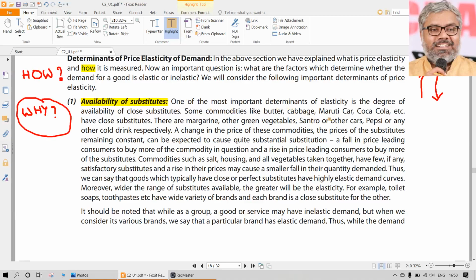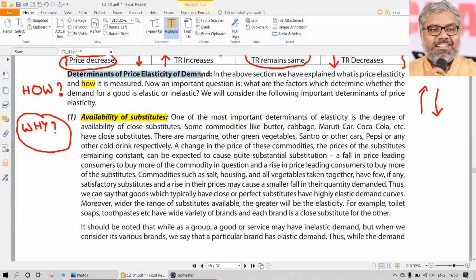The aspects we discussed already were more technical compared to this. Here we can just use some common sense and examples to understand what factors might make the price elasticity of demand either high or low. What makes it high or what makes it low? Simple logic. One by one, let us go through these determinants of price elasticity of demand.